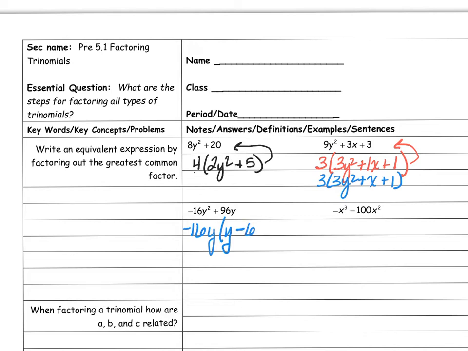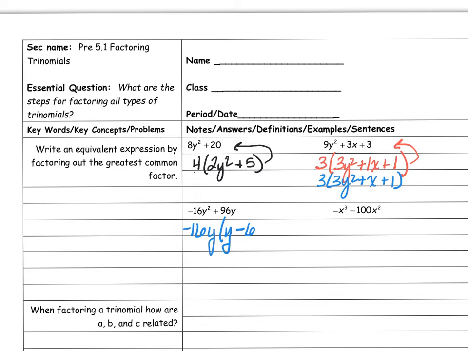So negative 16 times negative 6 is positive 96. And how do I know that? Well, I just took 96 and divided by negative 16. That's how I knew to divide by 16 in the first place. I always try the biggest number first, 16. So I took 96 and divided by 16. It went into there. If that wouldn't have worked, I would have started with the next number that went into 16, which would have been 8, and then 4, and then of course 2 always goes in there.